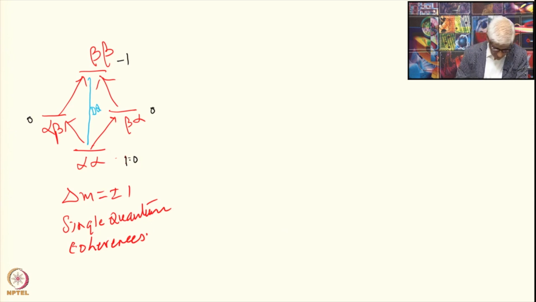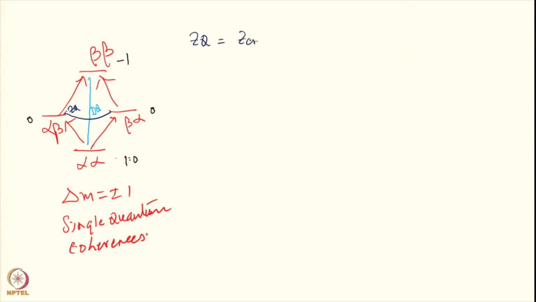And then you also have a third kind of thing possible. This is ZQ, zero quantum. So, ZQ is called zero quantum coherence, and DQ is called double quantum coherence.